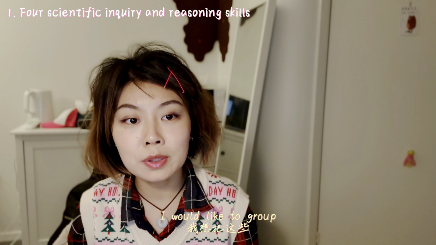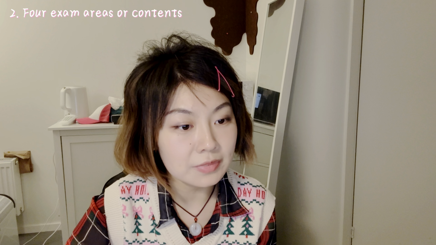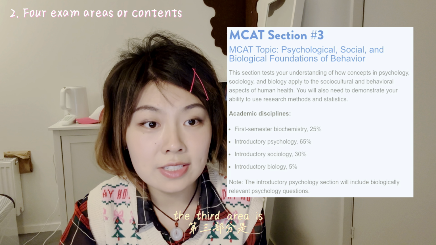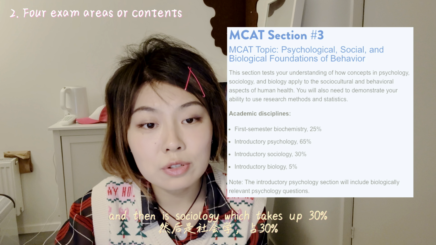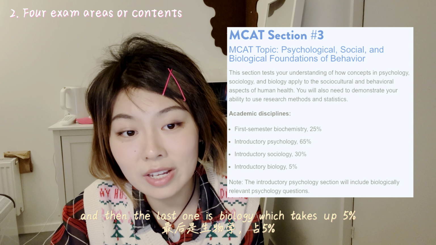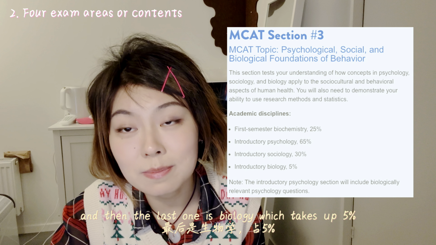And then let's go to page 75. The third area is the psychological, social, and biological foundation of behavior. In this part, we're mostly going to focus on psychology, which takes up 65%. Then sociology takes up 30%, and the last one is biology, which takes up 5%.